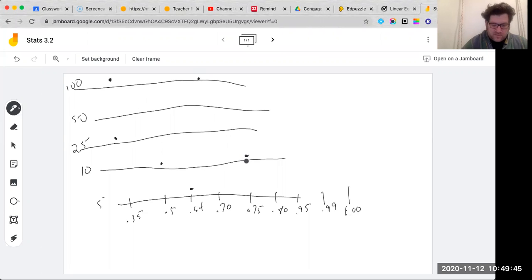Wait, so do they go on the line? They're going to go above the line. So for 0.75, I'm going to have 1 right here, and you can see I have 1 here, 1 here. The reason is that if I want to double up, you're making it like this, and then you can see which row has the most.